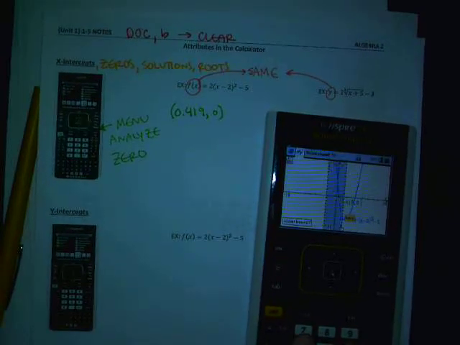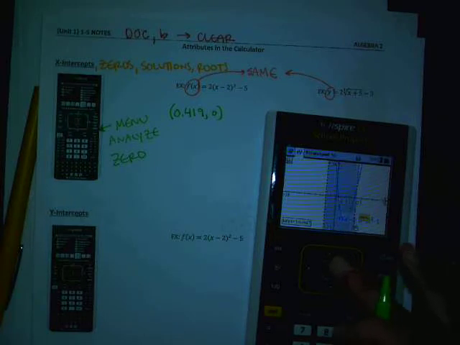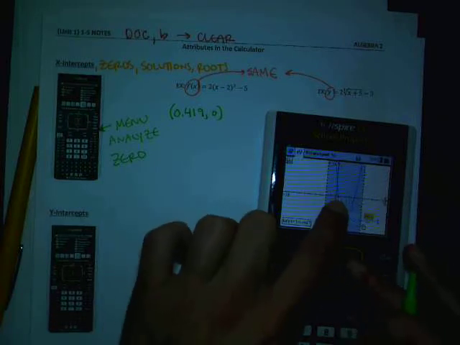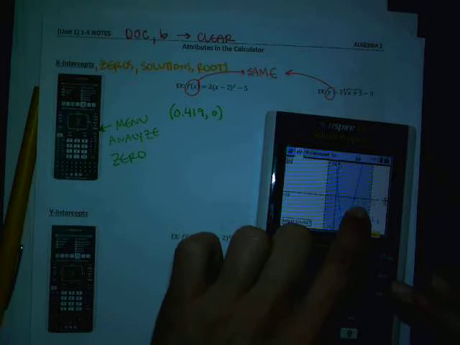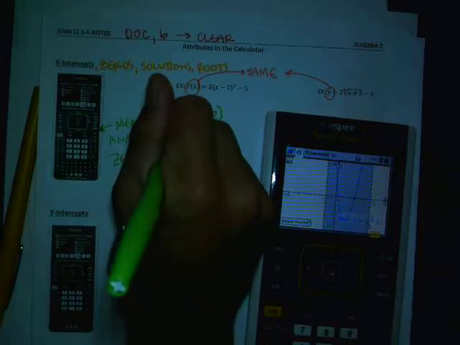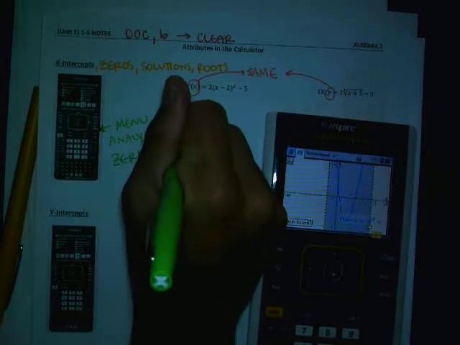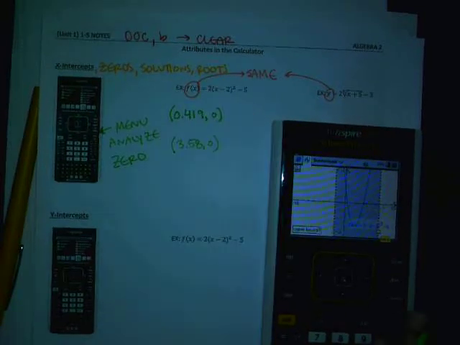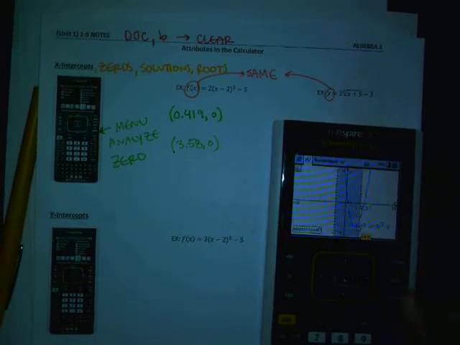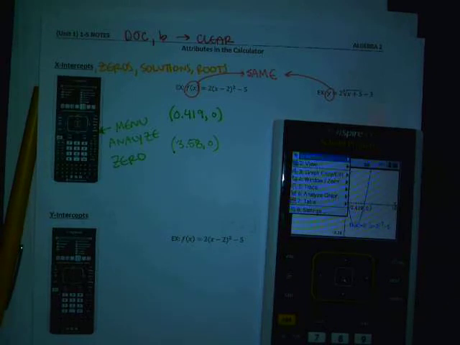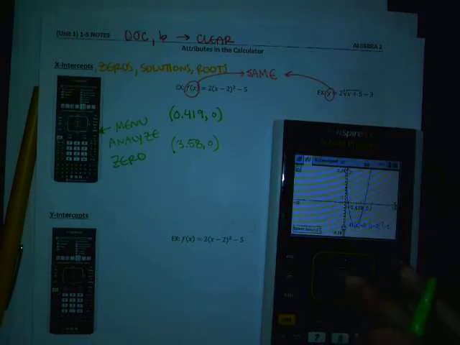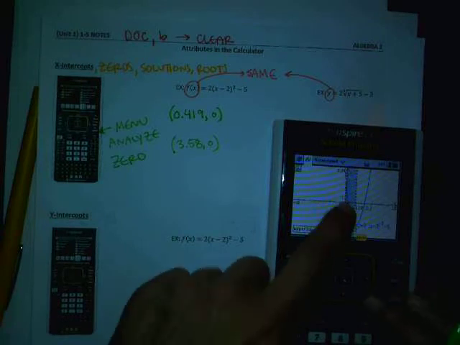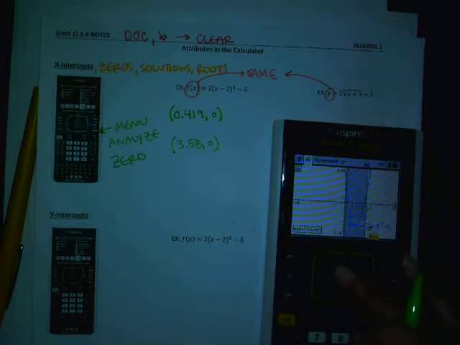And you can repeat those steps, or you can keep highlighting your graph, watch your point, until it jumps over to the next intercept, and it will give you your next intercept point, 3.58, comma 0. So I'll do that one more time so you can see the point jump. Alright, so it starts here, and then if you keep scrolling, it'll jump over there to the next one.